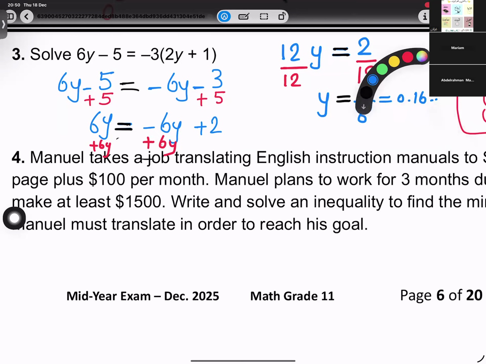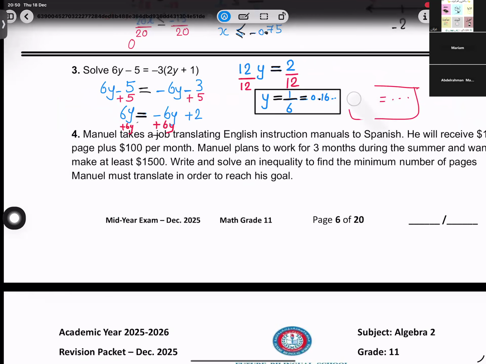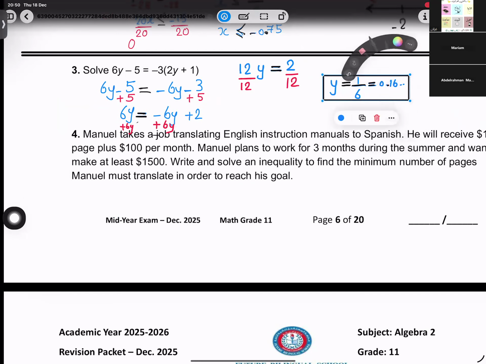Bravo. Excellent. 1 over 6 is good. It's better as a fraction. It's better to leave the final answer as a fraction, not a decimal. Okay, perfect.